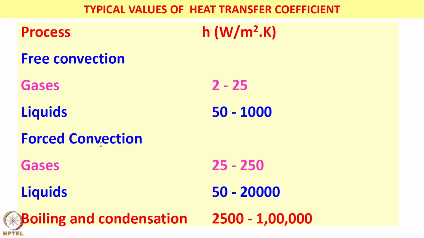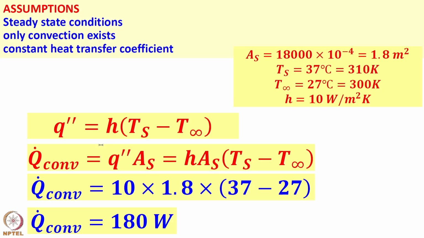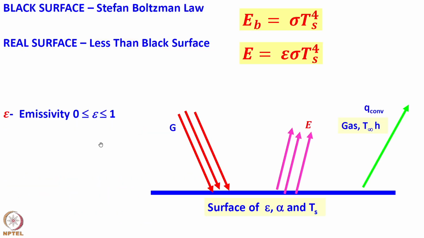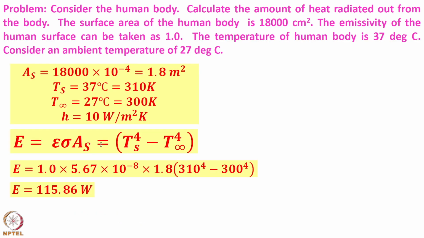2 to 25 is for gases. For simple air, 10. So 180 watts is by natural convection. 115 is by radiation. So you can see these two numbers are almost balancing each other, meaning 300 watts is the total energy, out of which 40% roughly is by radiation, 60% is by natural convection.